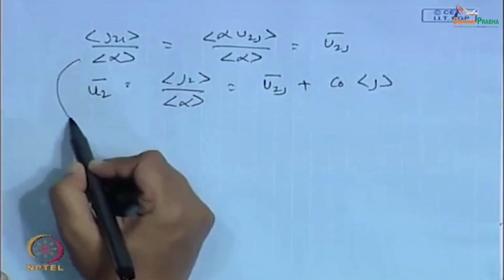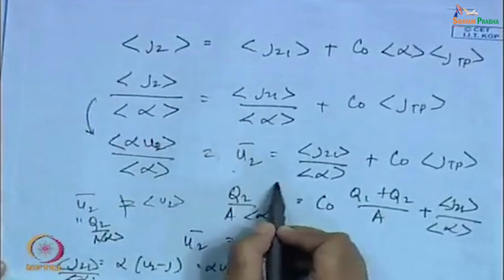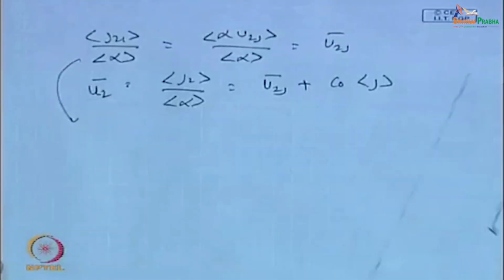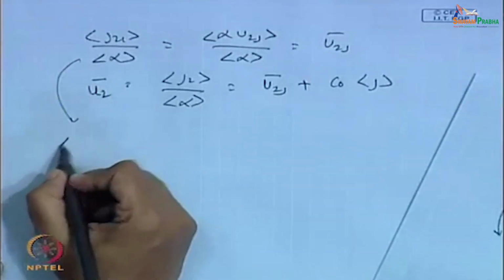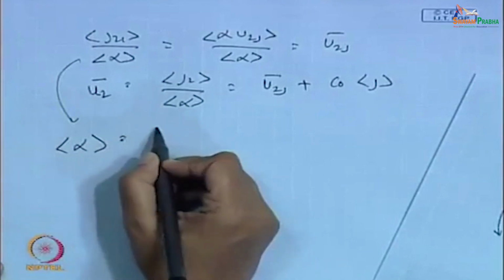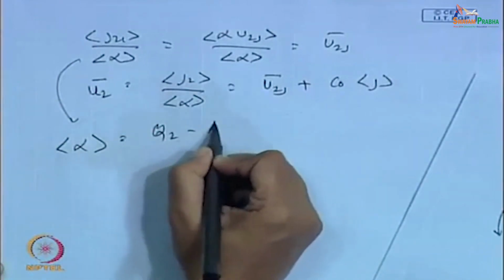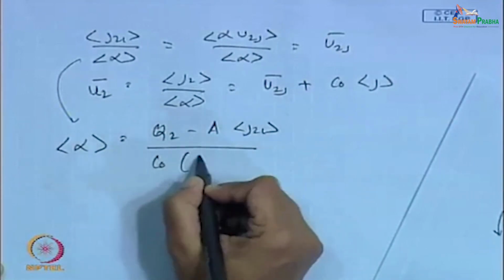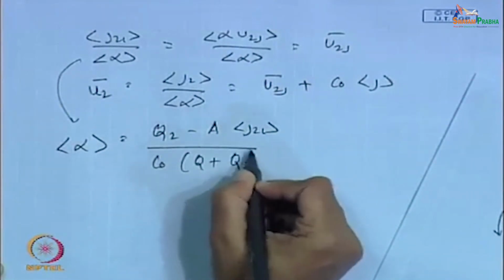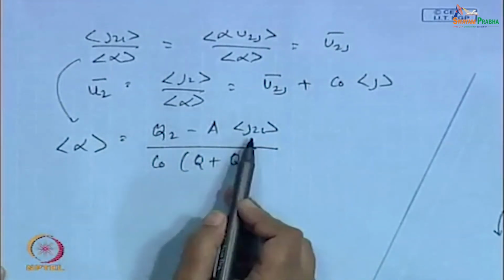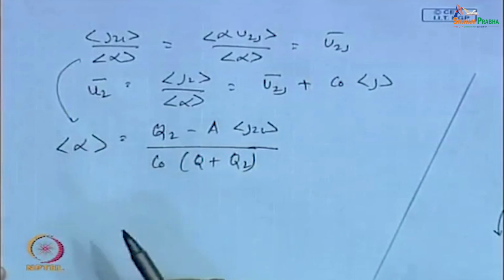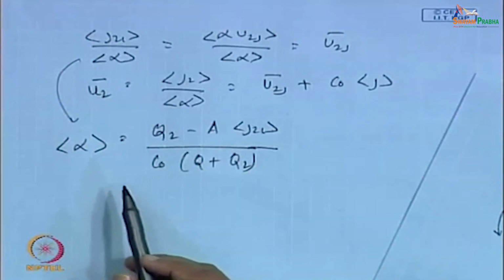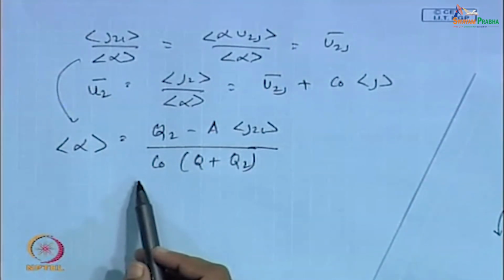So, from this particular expression we can get the expression of alpha, this is equal to Q2 minus A J21 divided by C0 into Q1 plus Q2. So, if Q2 and Q1 are measured, A is known, J21 is known and C0 is known, alpha can be very well determined.